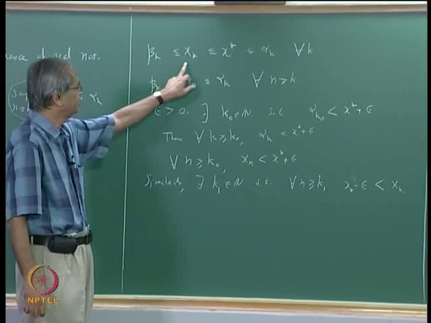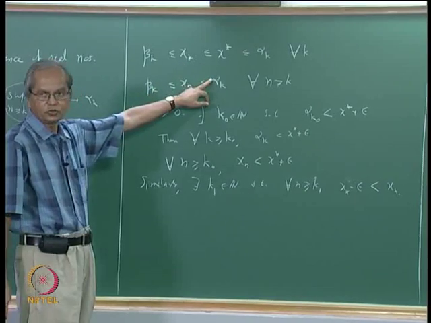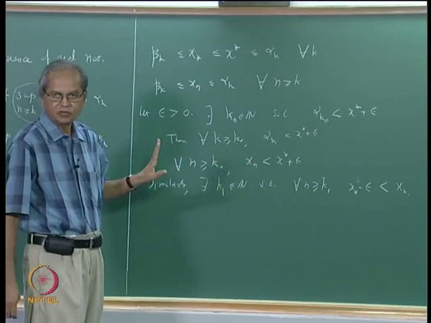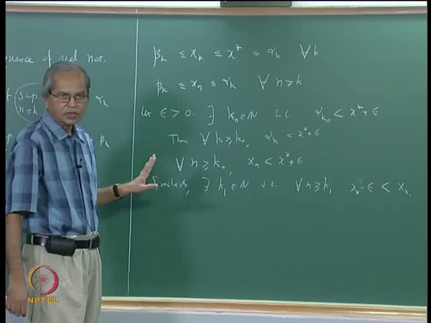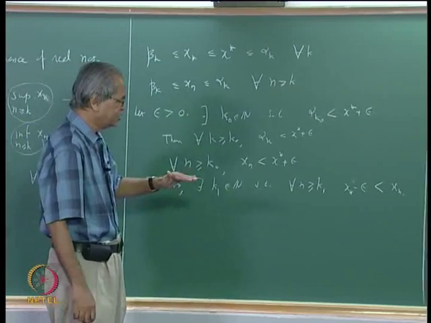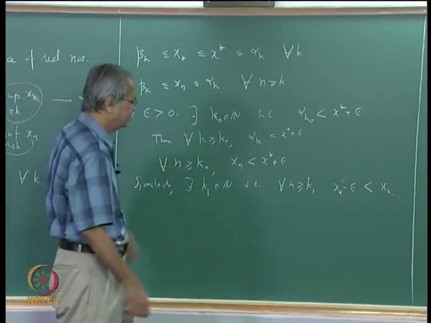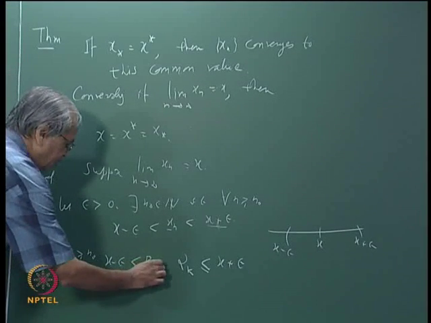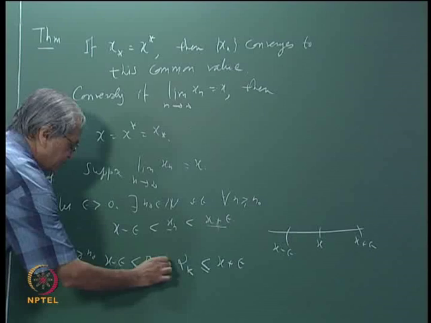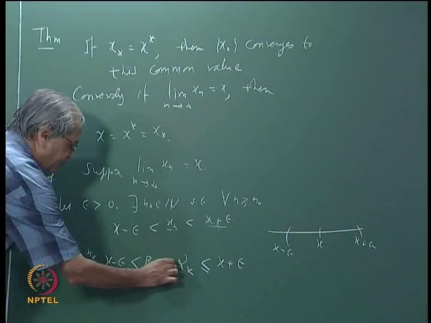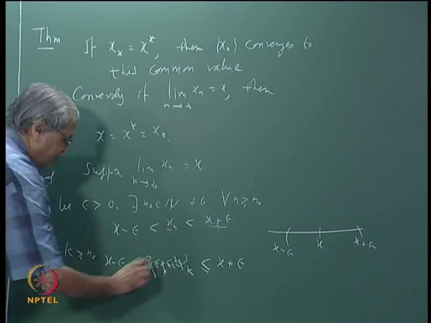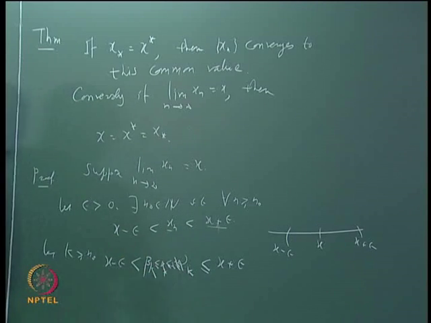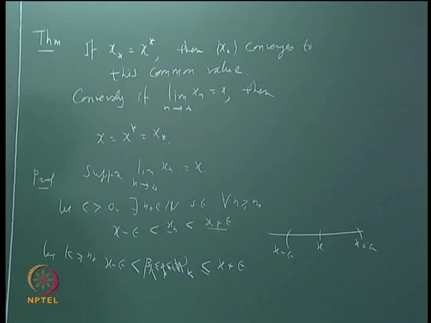Now look at this inequality. I will insert x subscript star and x superscript star between those beta k's and alpha k's.